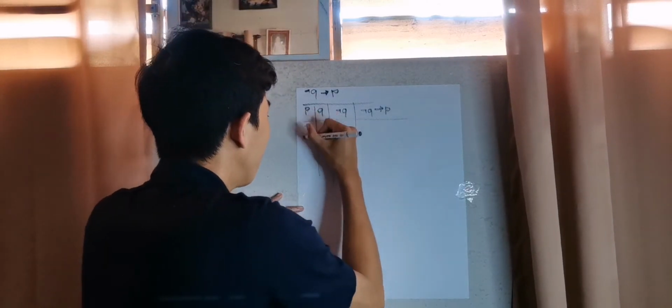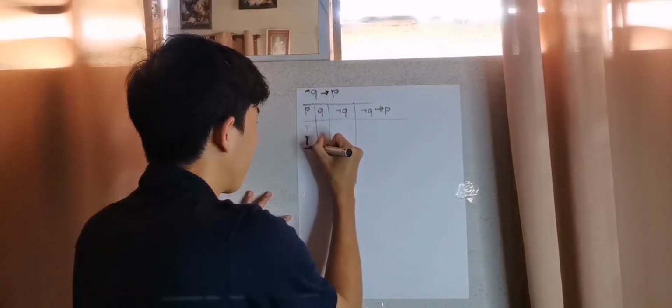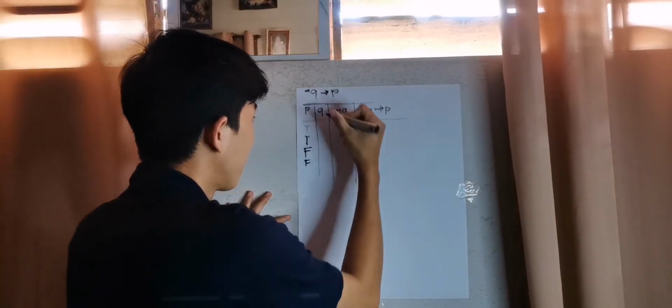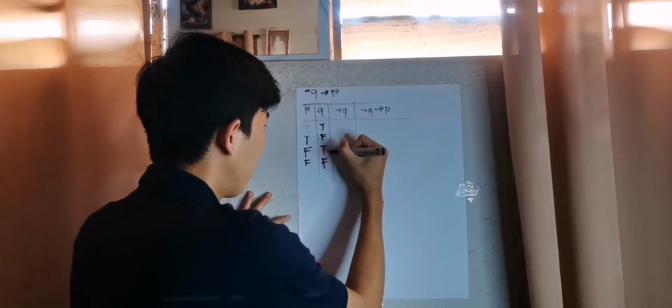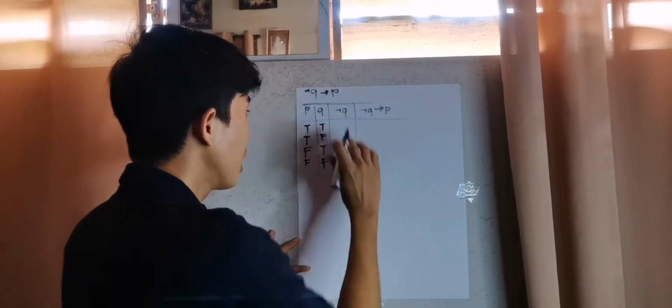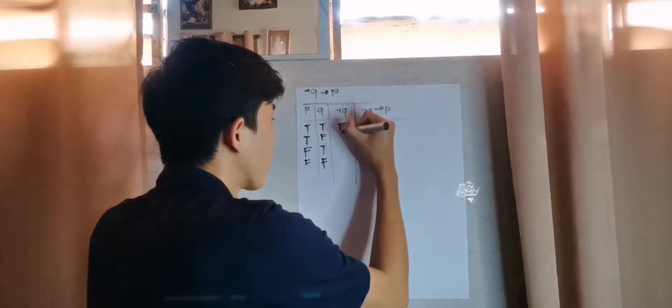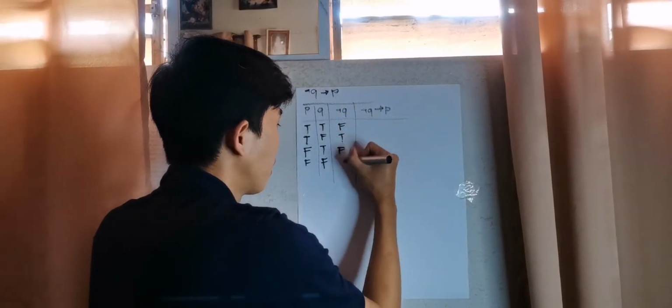So P is true, true, false, false, then our Q is true, false, true, false. Negation of Q is false, true, false, true.